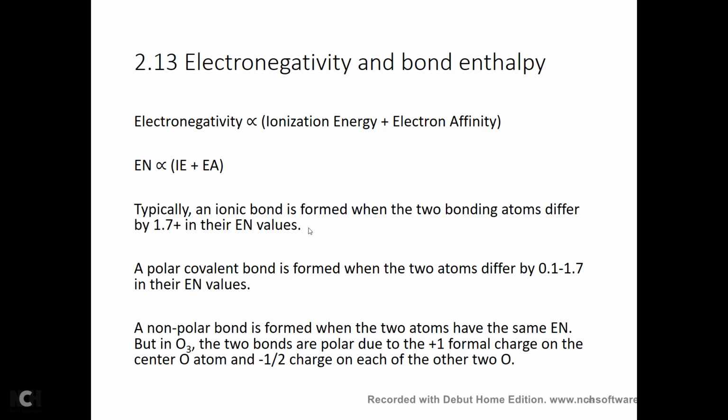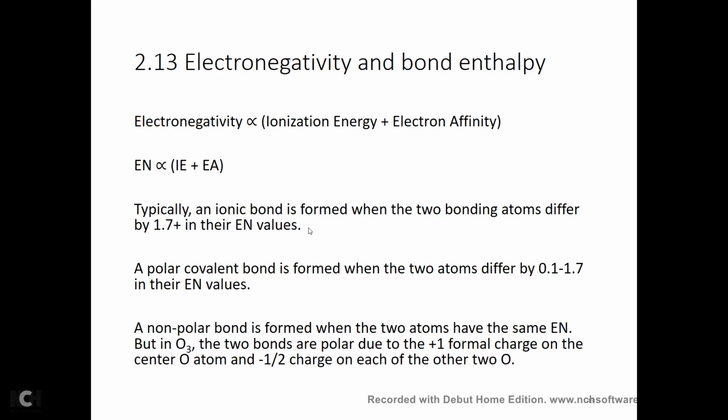I think aluminum oxide has a difference in electronegativity lower than 1.7, but yet it's an ionic compound. So typically, if you have an ionic bond, the difference between the electronegativity values of the atoms is 1.7 or more, but there are exceptions.